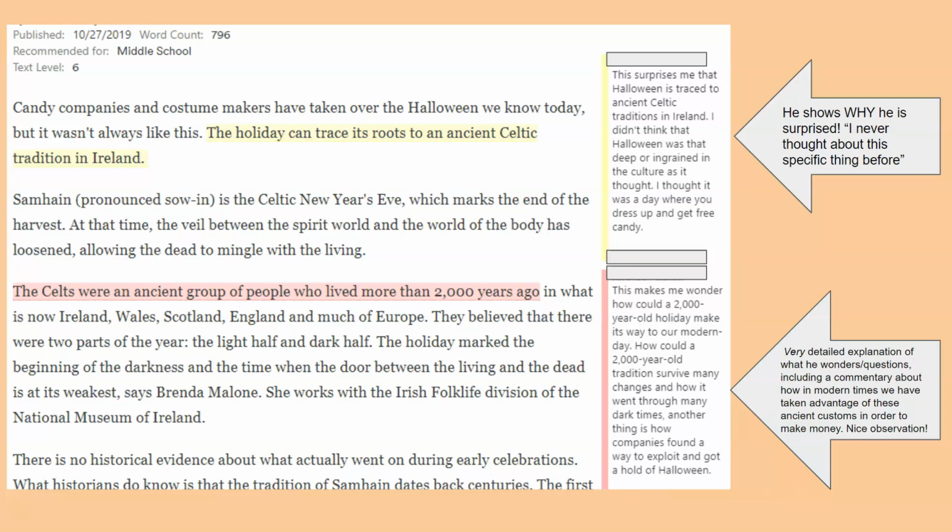So this student sees our current Halloween as a way for companies to use this old ancient religious tradition in order to sell candy and make money, or sell costumes and make money. That is a really, really interesting observation. So that is part of the reason why I just really, really liked this particular annotation.